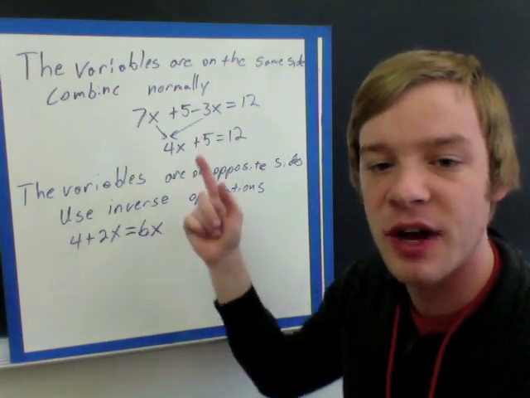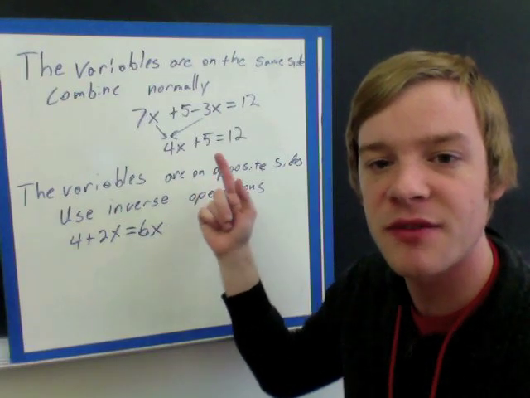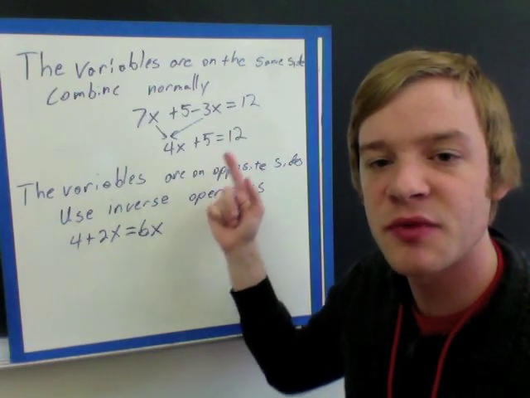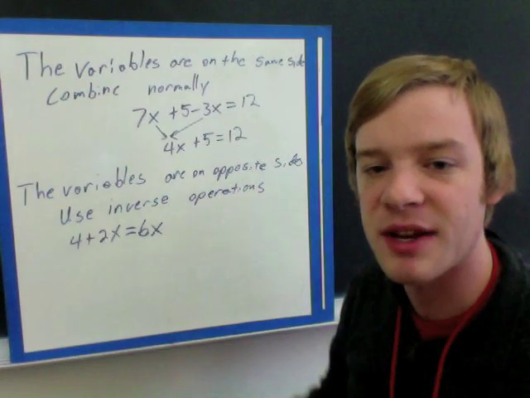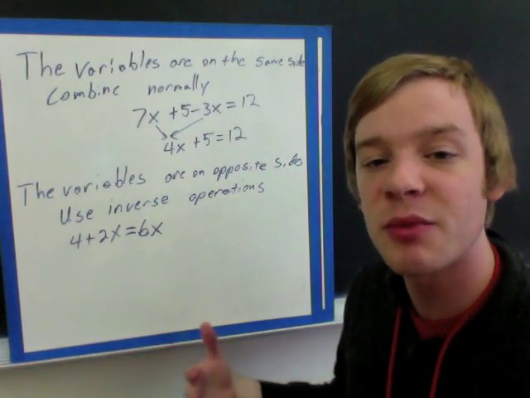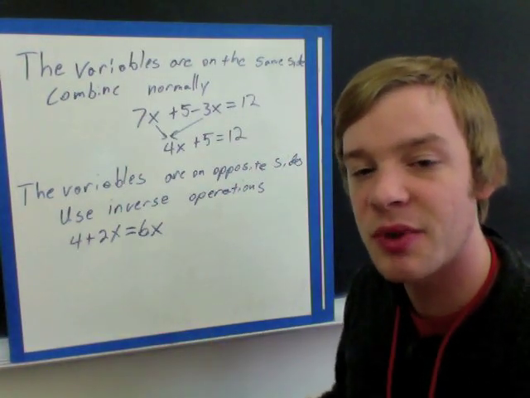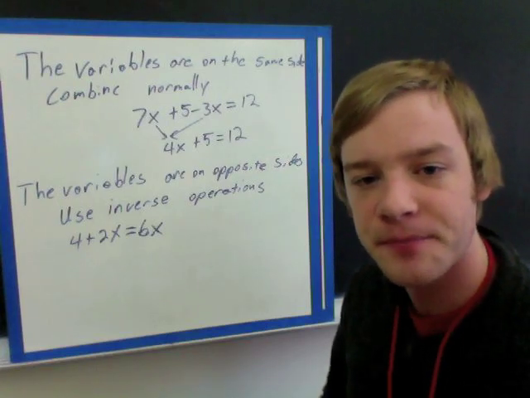We don't change the 5, so we bring it down. So we have 4x plus 5. The equal sign doesn't move, and the 12 doesn't change, so we bring that down as well.